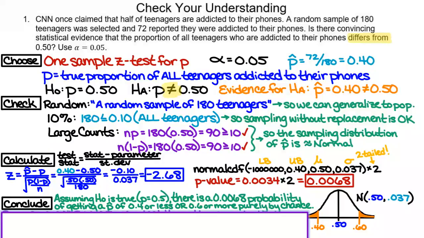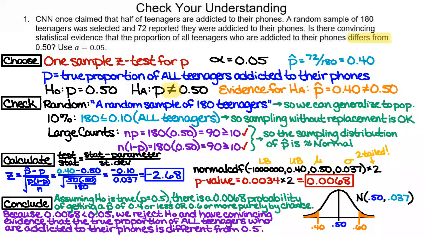When you reject, you have convincing evidence. Because 0.0068 is less than 0.05, we reject the HO and have convincing evidence that the true proportion of all teenagers who are addicted to their phones is different from 0.5.